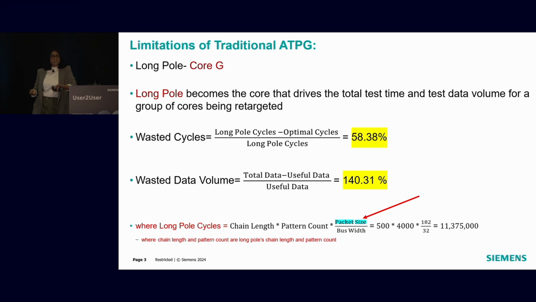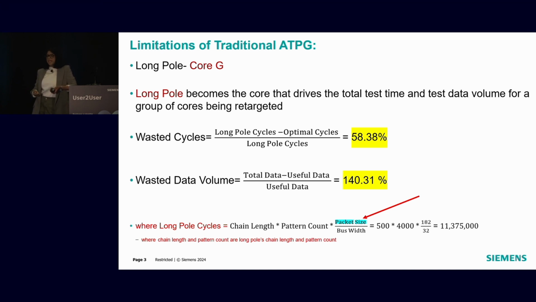But as DFT engineers, we all know that pins are an expensive resource. Test time is an expensive resource, and so is the test data volume. And as DFT engineers, we all spend our lives focusing on doing multiple inventions, writing multiple different papers, saying, oh, I reduced test time by this, I did this magic or that magic, right? So the focus here really comes on, now, can you reduce the channel length for a given core?